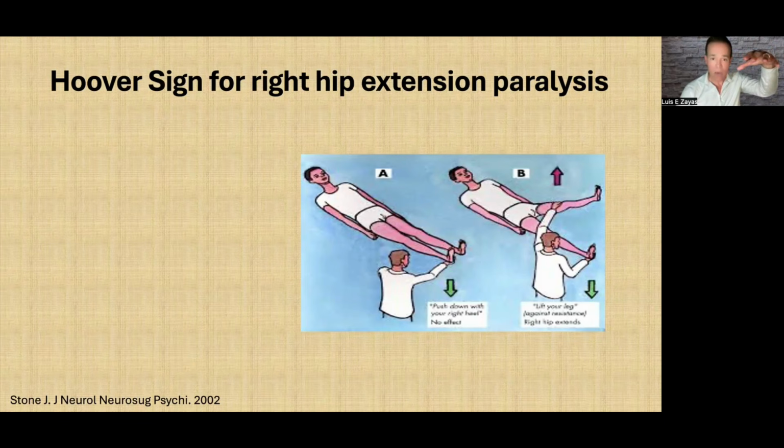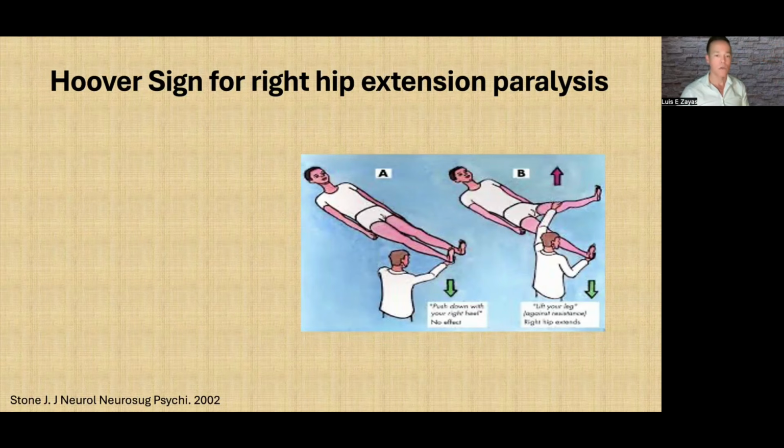And when you push down, you tell the patient, don't allow me to push your left leg down, resist. And when you push down and you keep your right hand below the heel of the right foot, when it's functional, you see pressure there. You see like, oh, now it's moving. Okay? That's functional. The brain doesn't work like that. So that's characteristic.